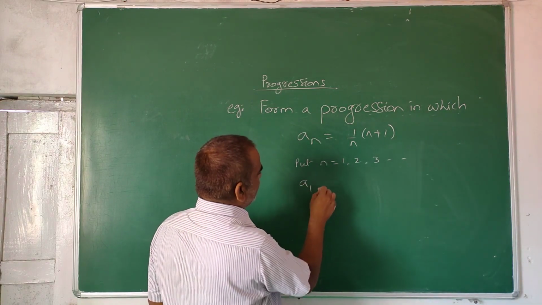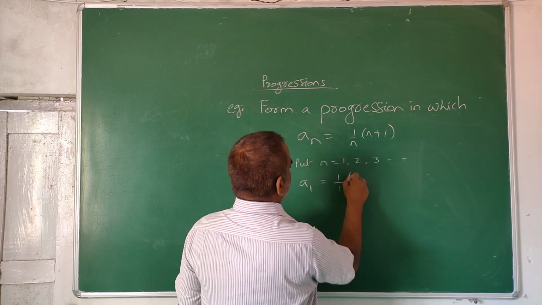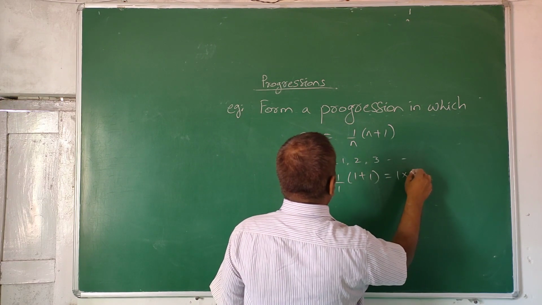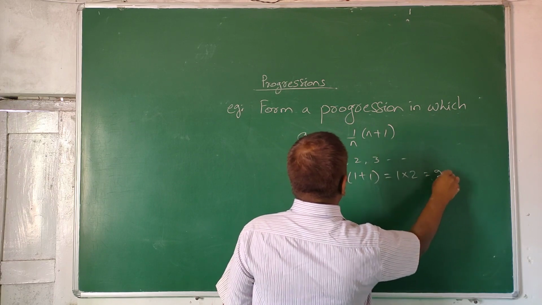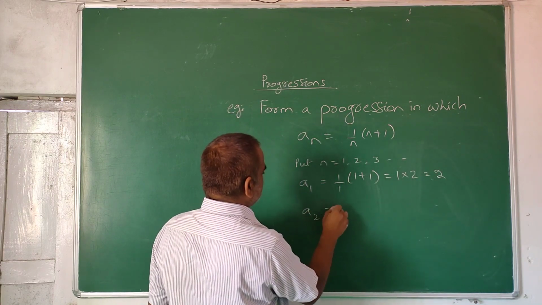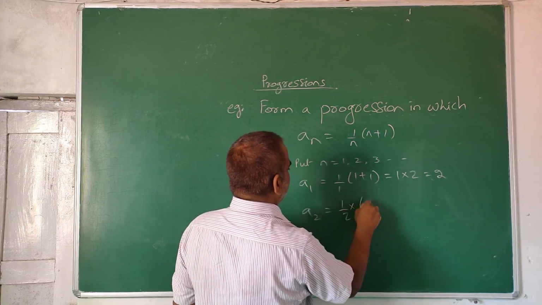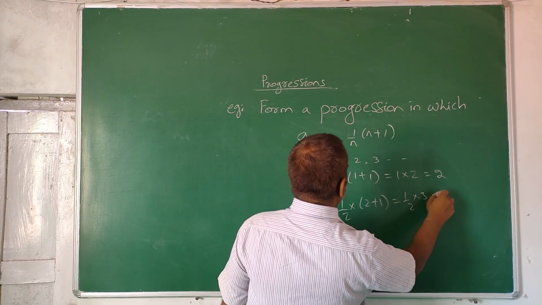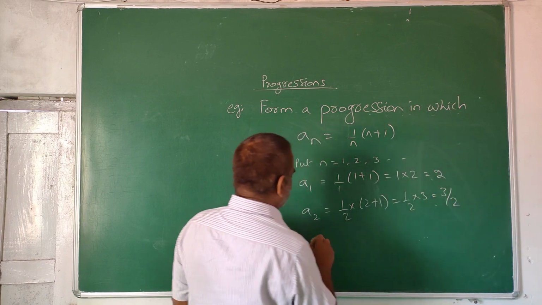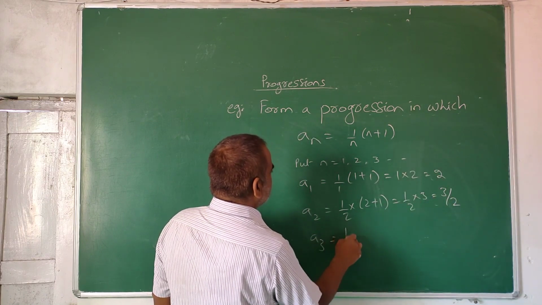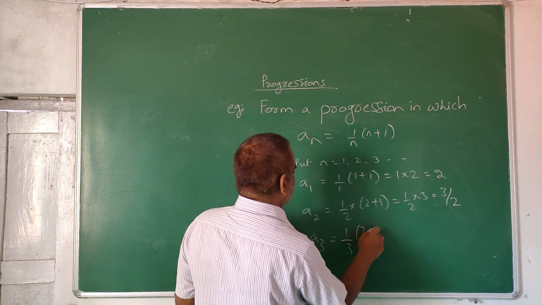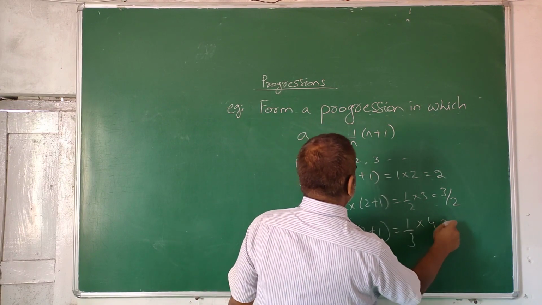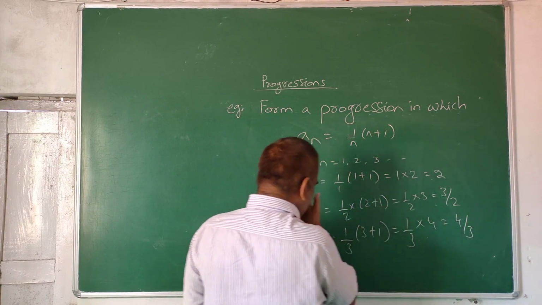Now you go for a_1: 1 by 1 into 1 plus 1, 1 by 1 into 2, it is 2. a_2: 1 by 2 into 2 plus 1, 1 by 2 into 3, which is 3 by 2. a_3: 1 by 3 into 3 plus 1, 1 by 3 into 4, which is 4 by 3.